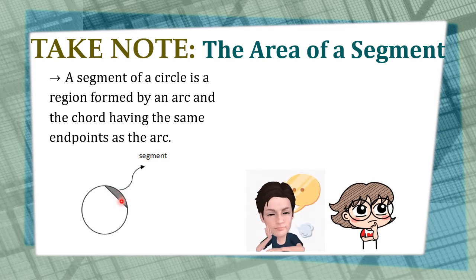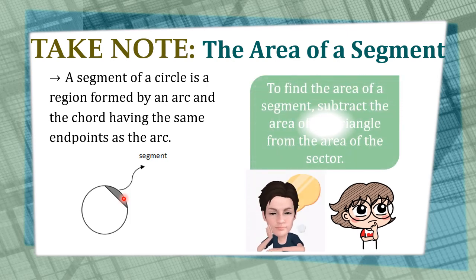So how are we going to solve for the area of a segment? We simply subtract the area of the triangle from the area of the sector. So take note, subtract the area of the triangle from the area of the sector.